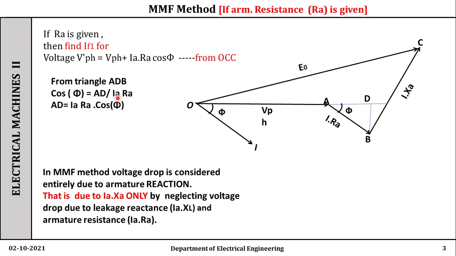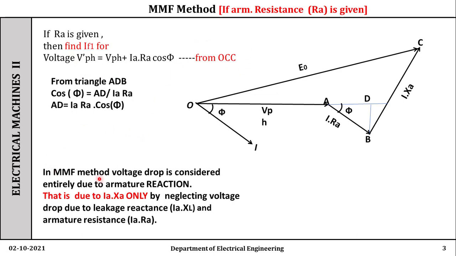Therefore, cos phi is AD upon IARA, and hence AD equal to IARA cos phi. And therefore, the voltage V'PH equal to VPH plus IARA cos phi. Now for this V'PH, find out IF1 from the open circuit characteristics. How much field current is required to generate the open circuit voltage V'PH from the OCC?